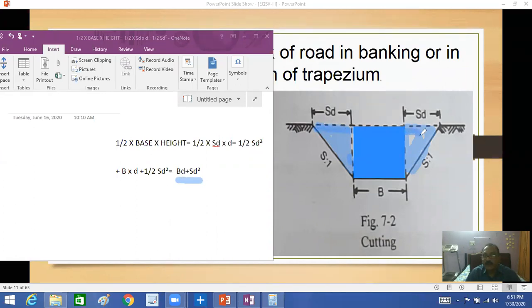After knowing this area, if you want to calculate the volume of the canal, it will also be like this. Observe carefully. Say this is 10 meters.